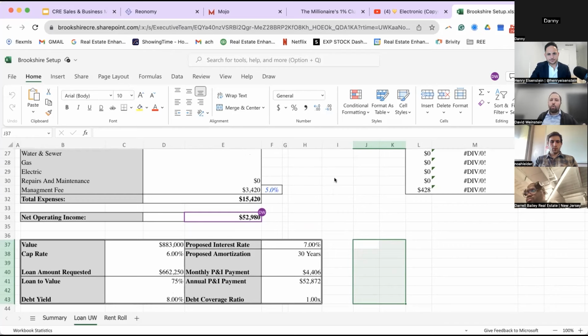All right. So what you have here in E34 is your NOI. You might be familiar with that term, net operating income, a very important number. And this number is the most important number you're going to look at when you buy real estate. What does it actually return to you net of expenses?